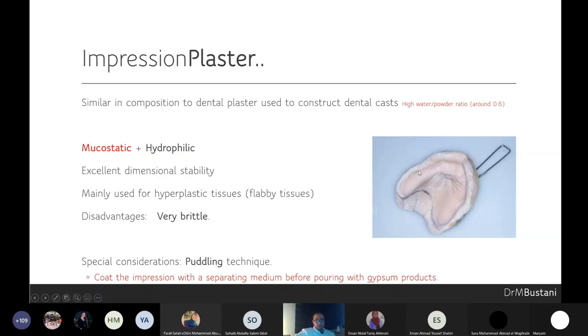A special consideration when we take this impression is called the bottling technique. Usually when we take an impression, we take it in one shot. Once we place the tray with the material inside the mouth, we don't move it anymore, because air bubbles will be trapped and you'll end up with defects and drags on your impression.